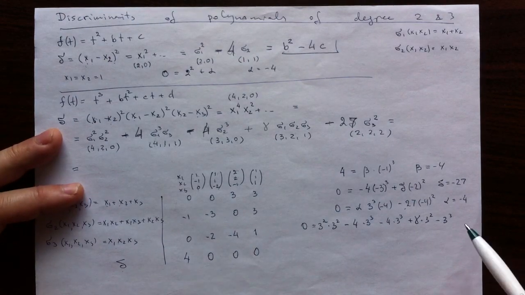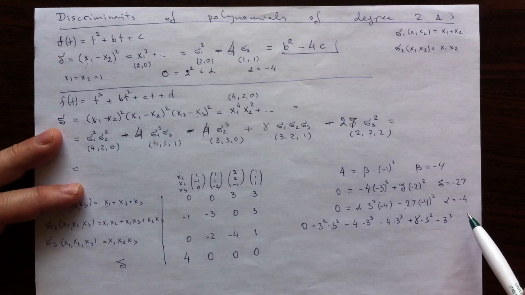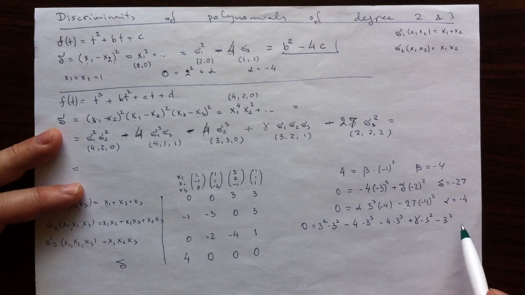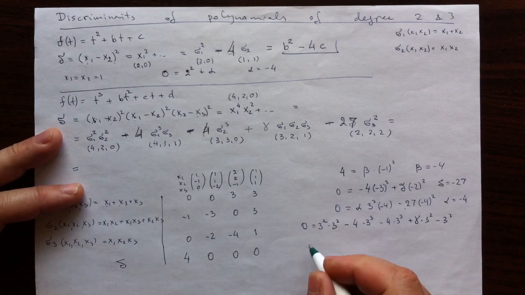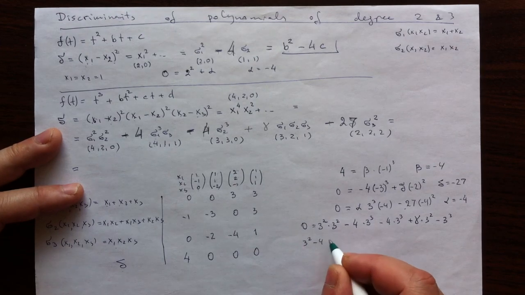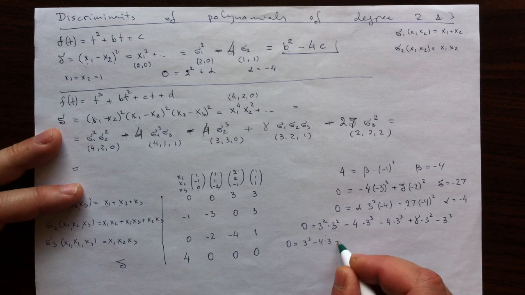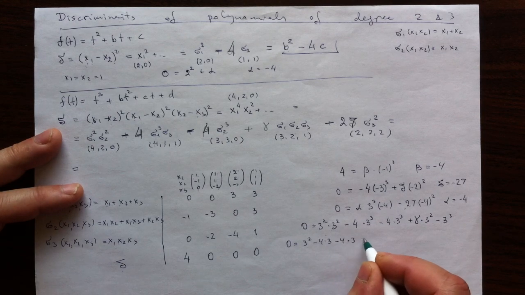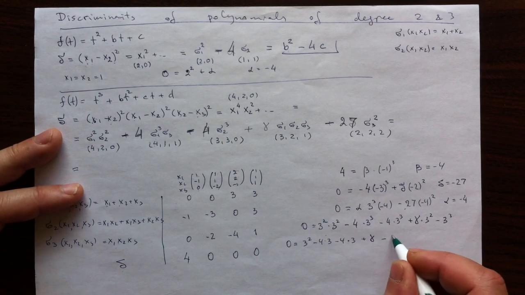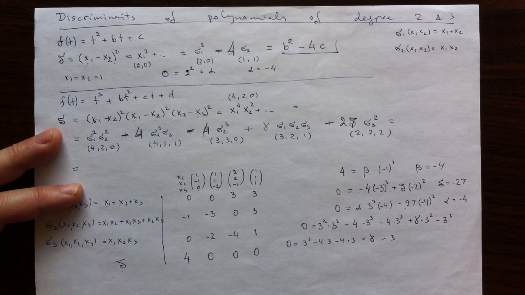recover my gamma. I can cancel out 3 squared, right? Because all the terms contain it. So I'll have 3 squared minus 4, matching the 0. Minus 4, 3 squared times 3 minus another copy of 4 times 3 plus gamma minus 3. And what can I do? I can put gamma on one side and keep everything on the other.